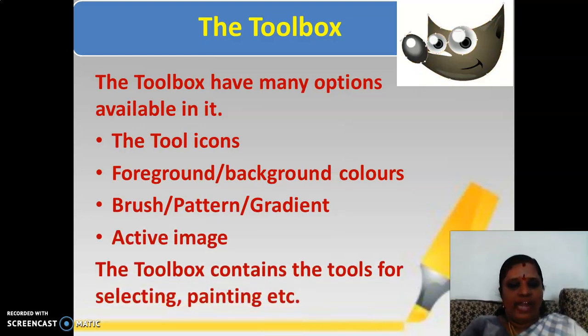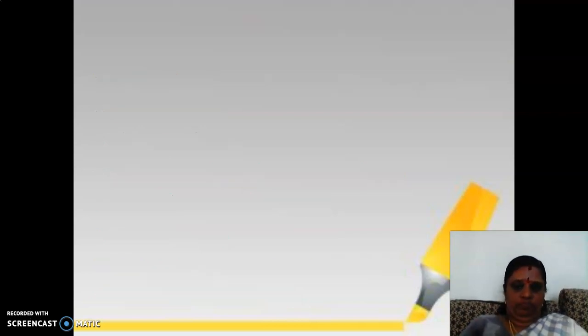And the toolbox contains the tools for selection, painting, erasing, moving, scaling, etc. For transforming everything, we are having tools which are grouped together to form the toolbox. So, in the toolbox, what are the options? The tool icons, the foreground and background colors, brush, pattern and gradient, active image. We will be seeing these options one by one now.